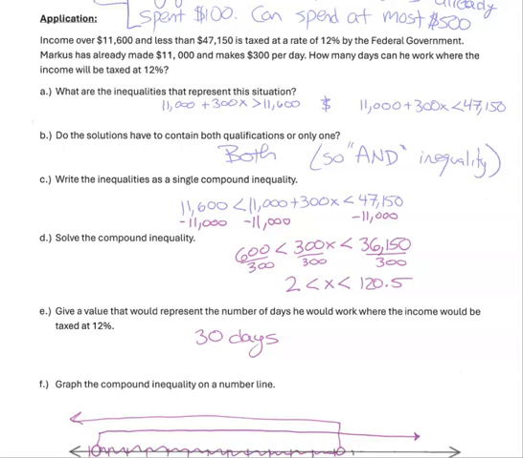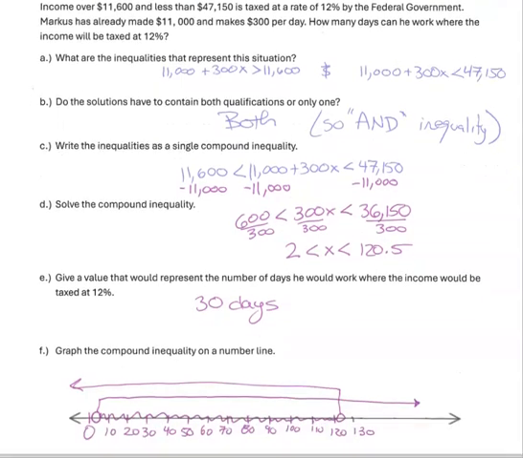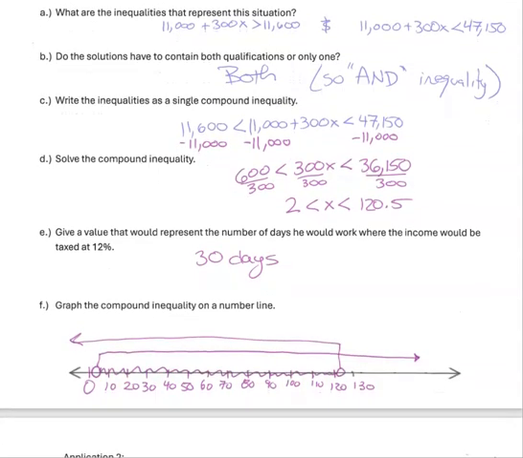You can see that there are many different solutions this is talking about. If it is written in that form, it is an and inequality, and then we would graph it. So these are basically two different inequalities you're graphing. You're graphing that x has to be greater than 2 and x has to be less than 120.5. So you can see I have noted each one of those inequalities on your number line, and I used arrows to represent it.